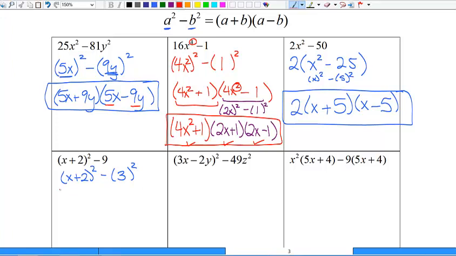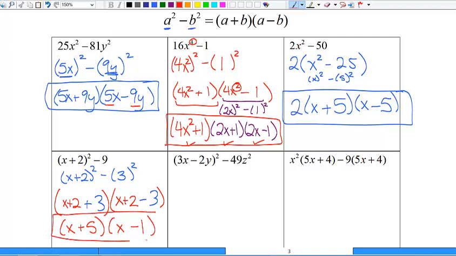So in this problem, the x plus 2 needs to go in the fronts, and the 3 needs to go in the backs, and my signs are one of each sign, one positive, one negative. Now this kind of looks like it's done, except I can simplify, because x plus 2 plus 3 is really x plus 5, and x plus 2 minus 3, well, that's just really x minus 1. And this is my factorization of my original polynomial.